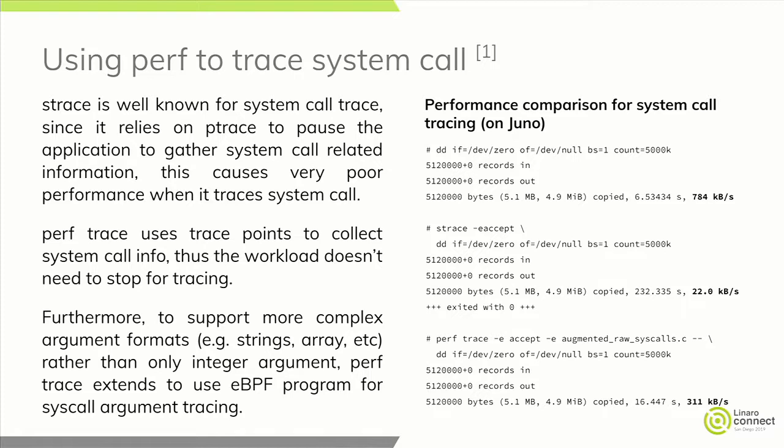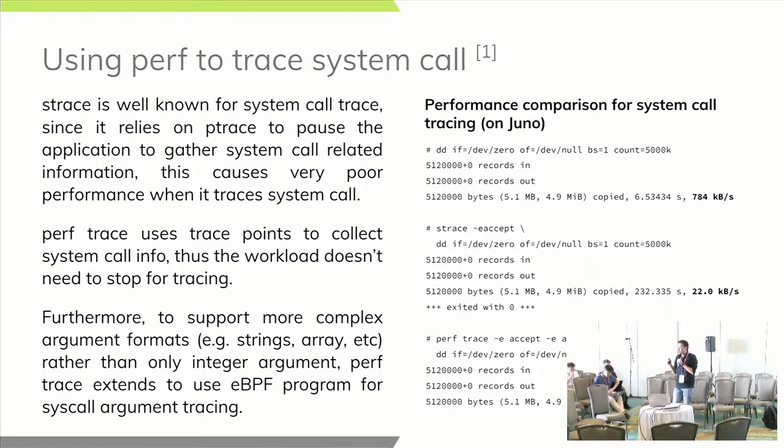Perf trace here wants to read out the system call argument values. One difficult thing is that some arguments are pointers, and a pointer may point to a string value. How can it read out this string value and pass it from the kernel space to user space?